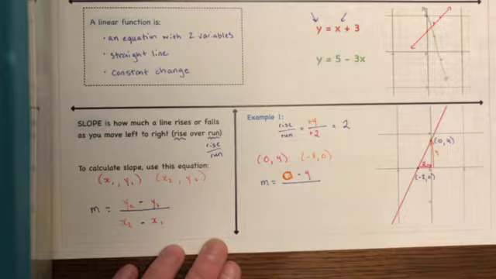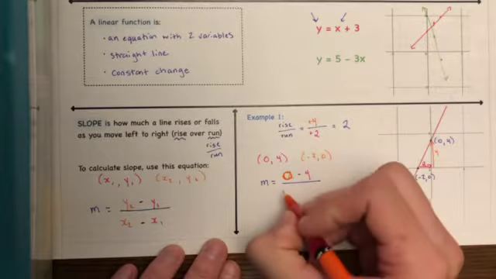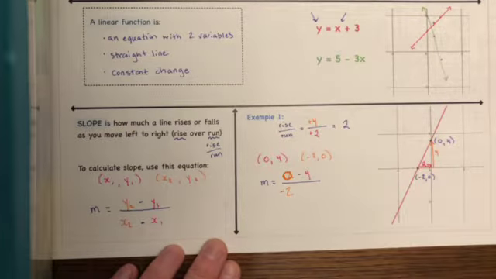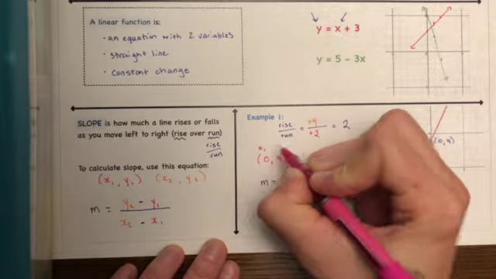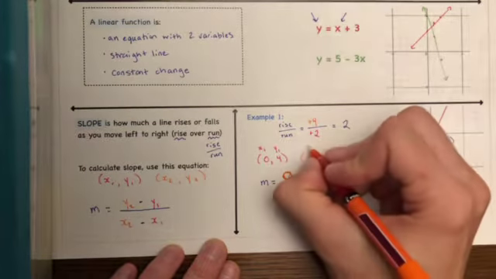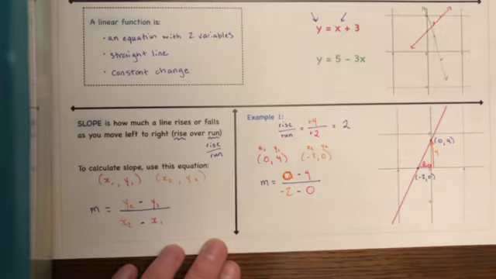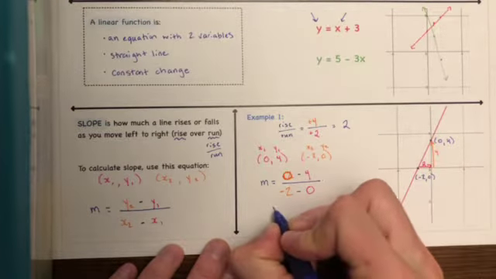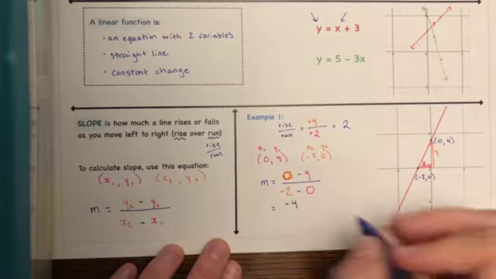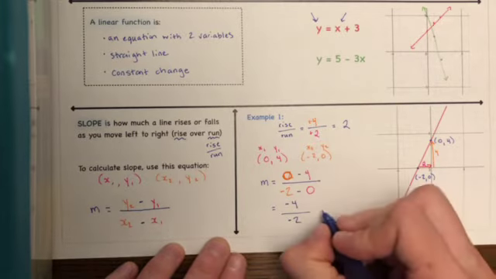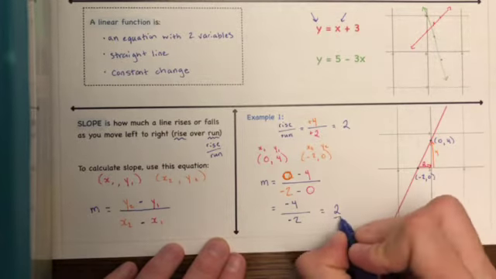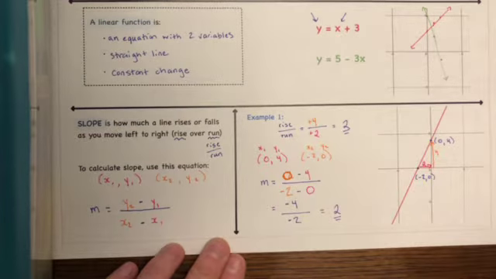This is why you should always correct me when I make these mistakes. And then below, we're going to have x2, which is -2, minus x1, which is 0. And if it's helpful, I'll put x1, y1, and x2, y2 above here. When we simplify this, we get -4 over -2 minus 0, which is -2. After we cancel this out, we get a slope of +2 again. So both methods should yield the same result.